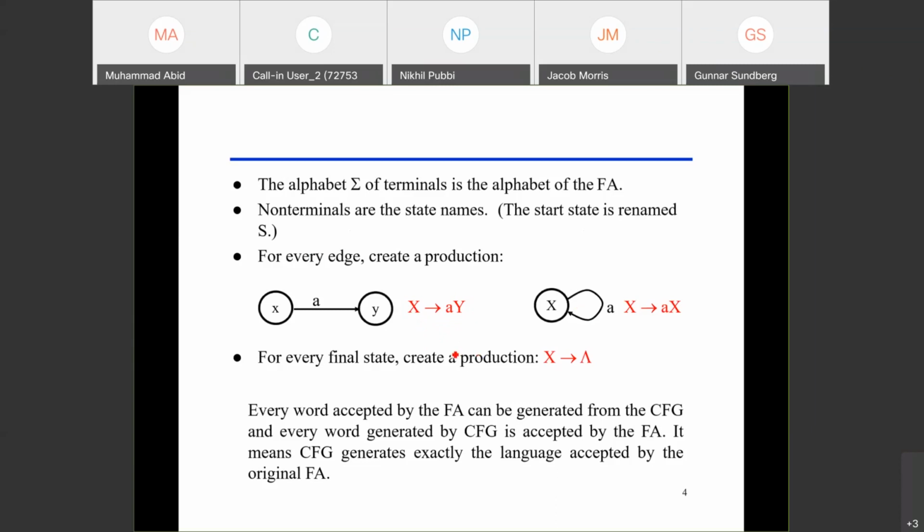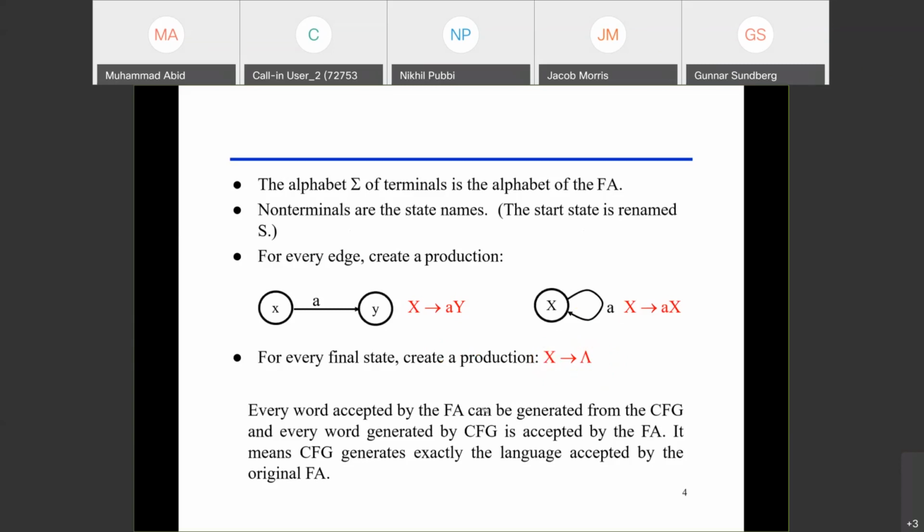For every final state, create a production. Whenever you have a final state, you need to create a production rule X tends to lambda. If you have any non-terminal with this production rule, it means that this non-terminal must be a final state.